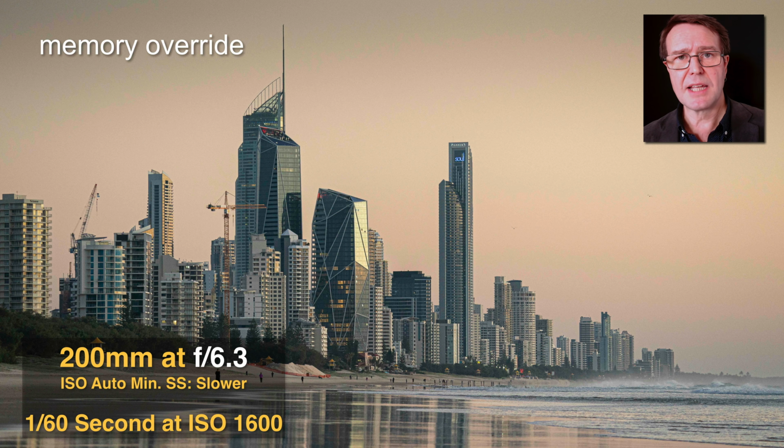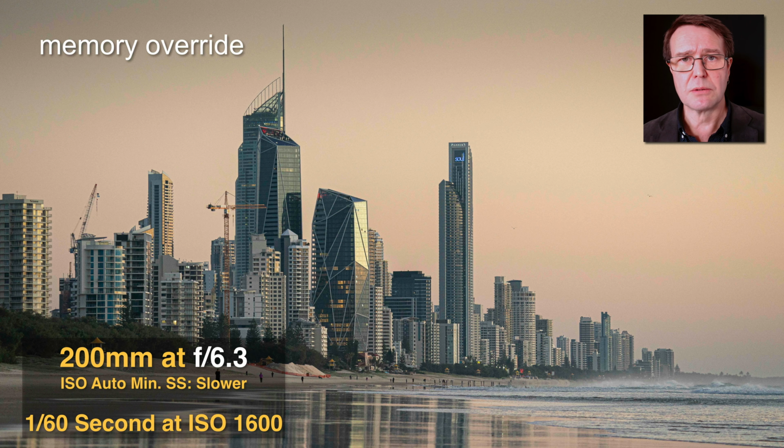So, because the ambient light is very low, I've decided to open up the aperture from f11 to the maximum aperture of the lens, which is 6.3 in this instance. And the reason I'm doing that is to keep the ISO as low as possible. In this instance, it's still going up to 1600 ISO.